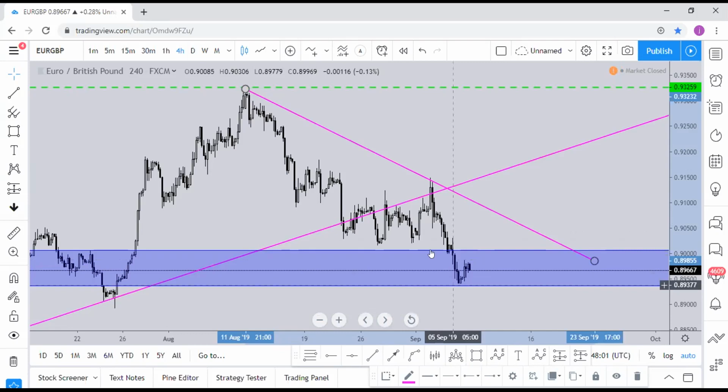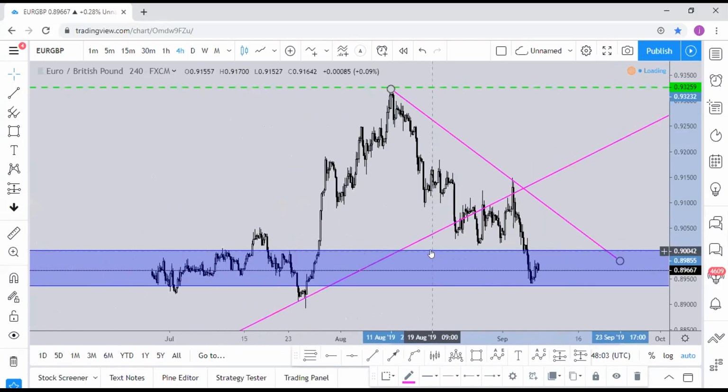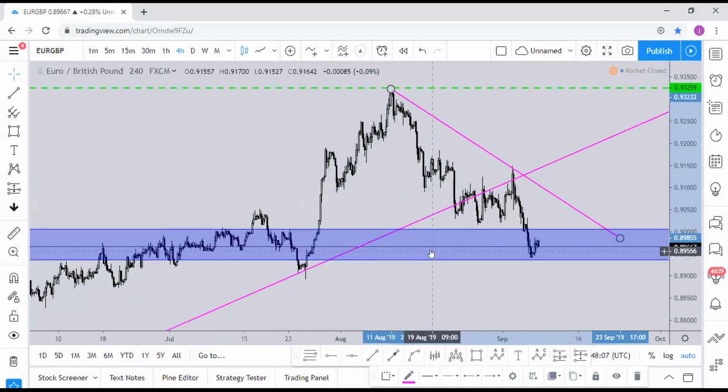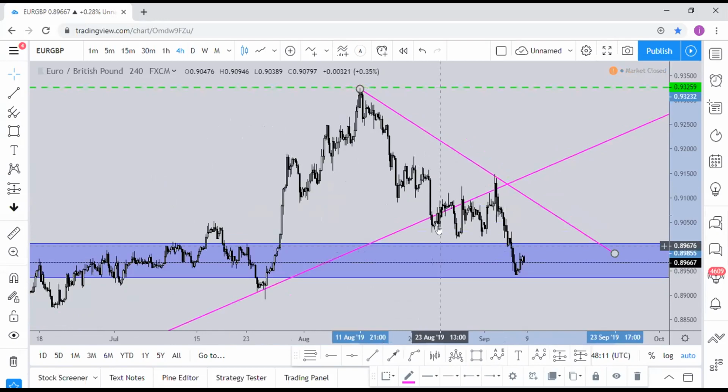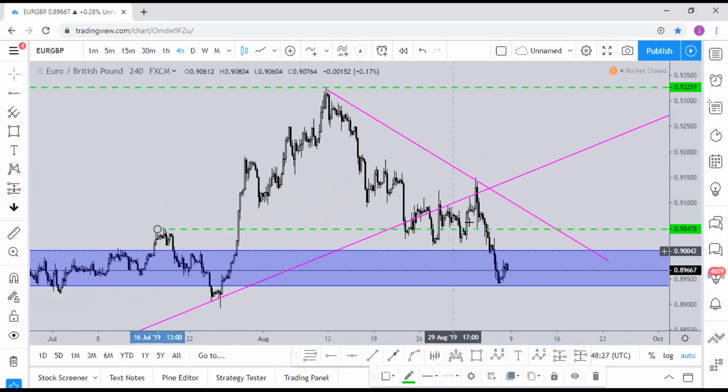It looks like it's gonna test that and shoot down. Dang, okay. All right. So how far are you expecting the correction to come up, Javon? About in this area, about right here. Okay. Yeah, that looks perfect.